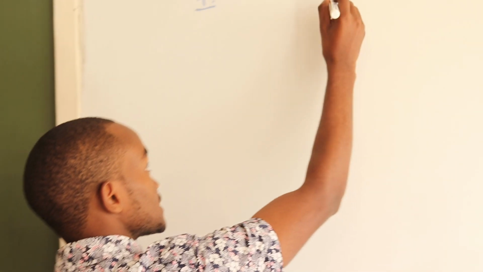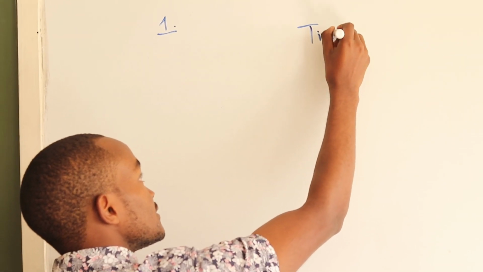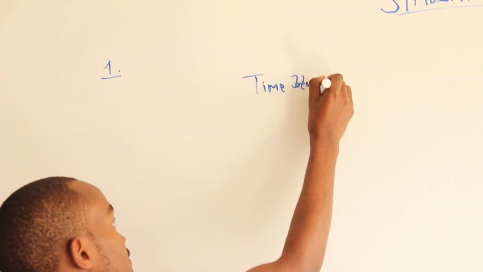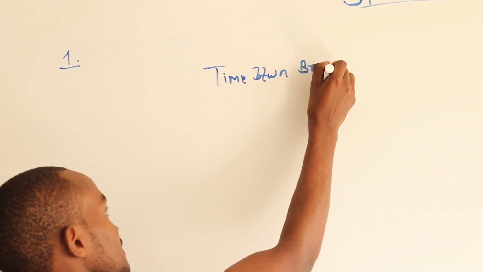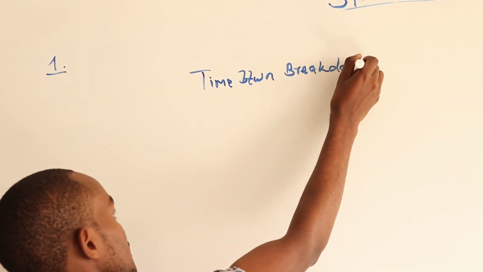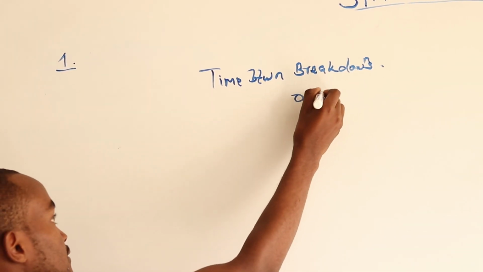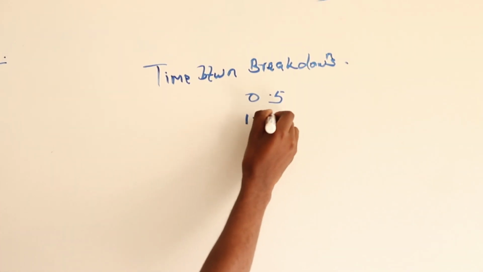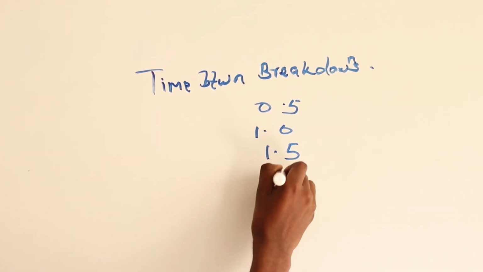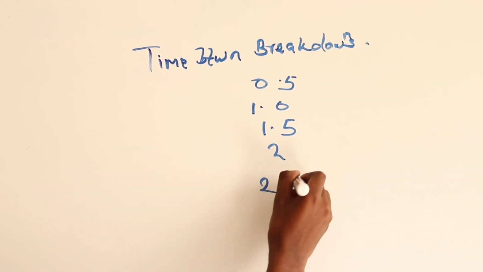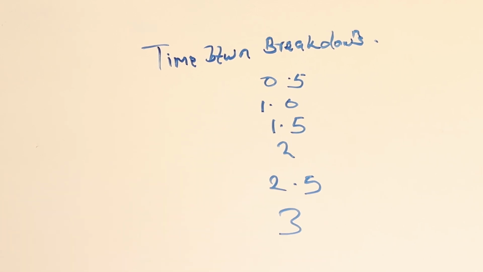So the time between breakdowns, we have 0.5, 1, 1.5, 2, 2.5, and 3.